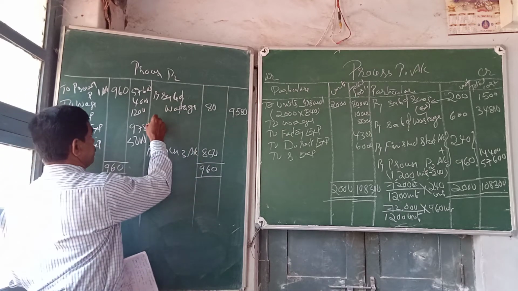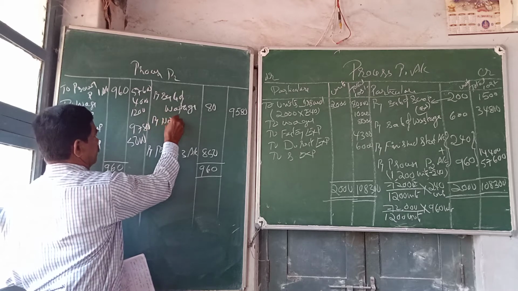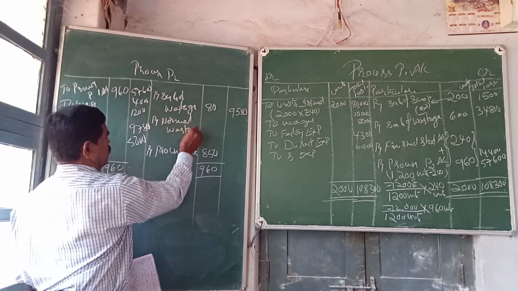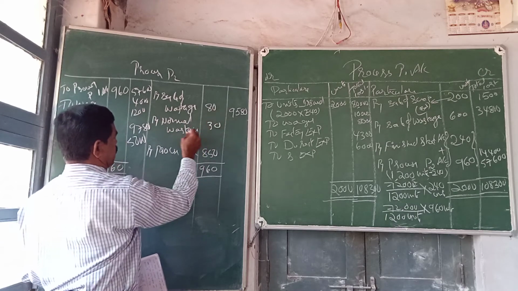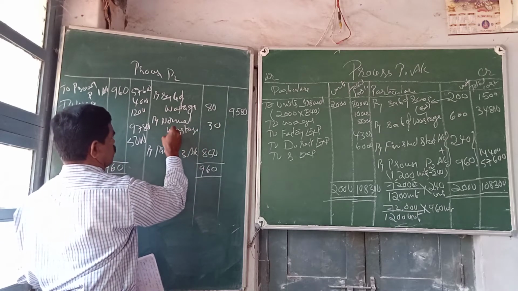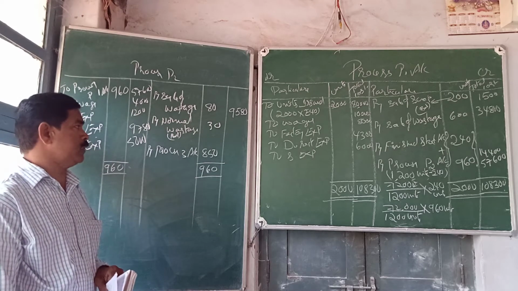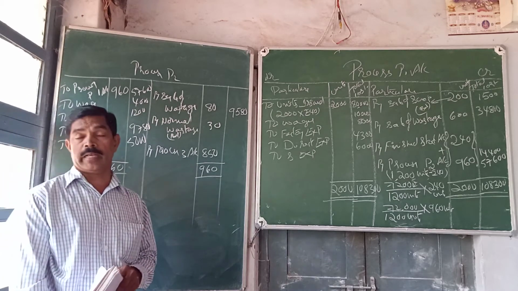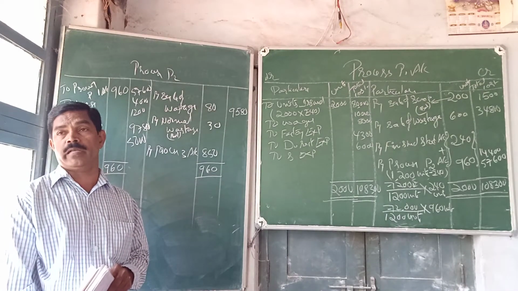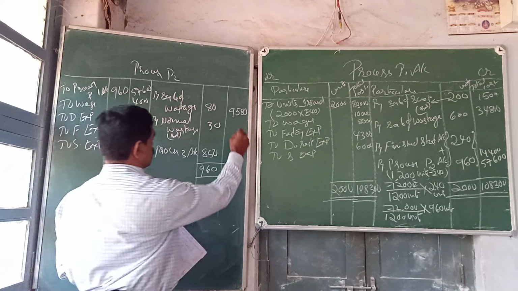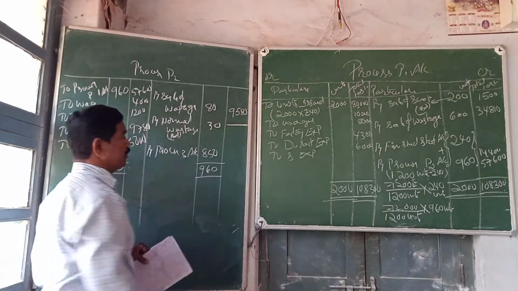So by normal wastage, 30 is the balance or difference. So always for normal wastage, if the scrap value or realized value is given, then we have to enter. Otherwise, there is no value for the normal wastage. So there is no value for normal wastage.